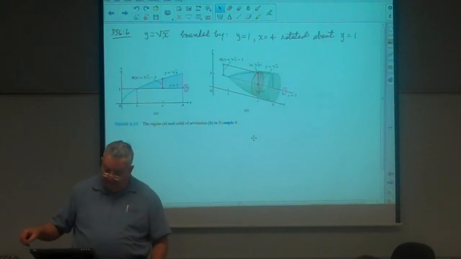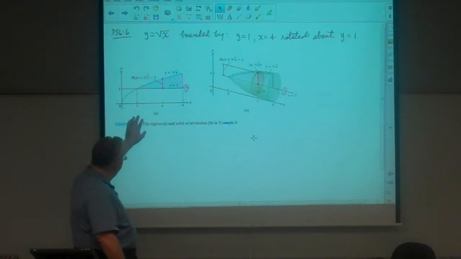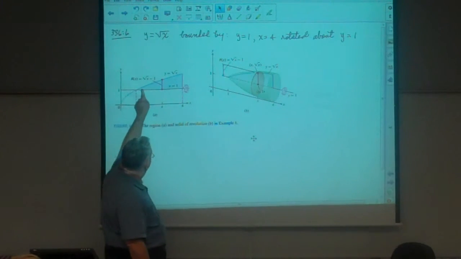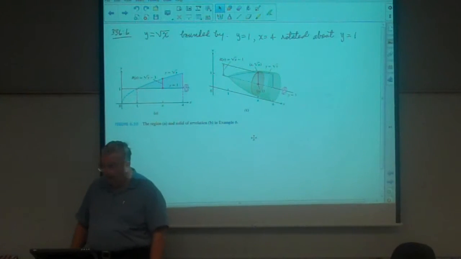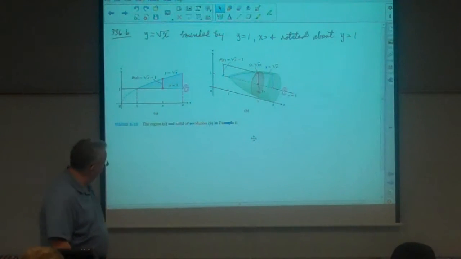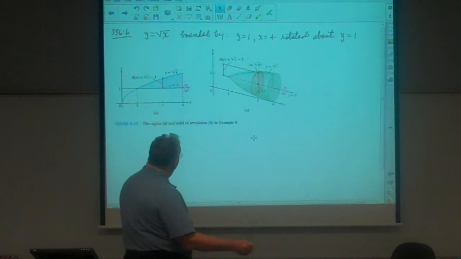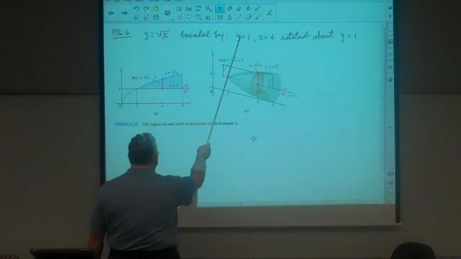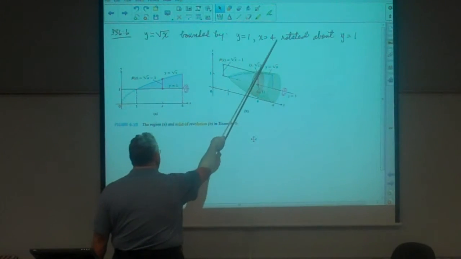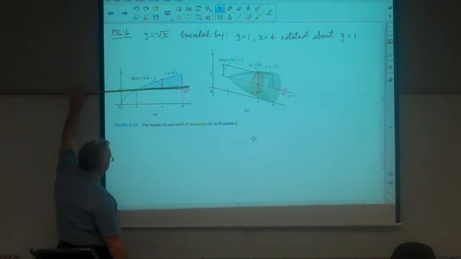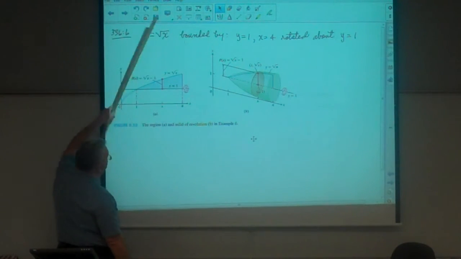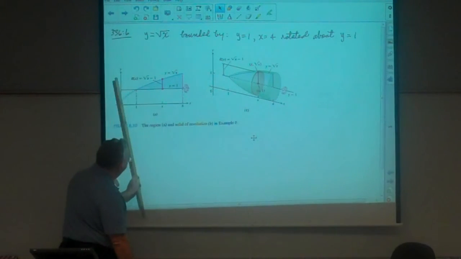Isn't this the exact problem we just worked? And remember, they said in between y equal 1 and x equal 4. It has to be above y equal 1 and to the left of x equal 4.